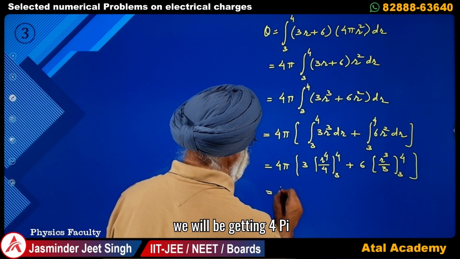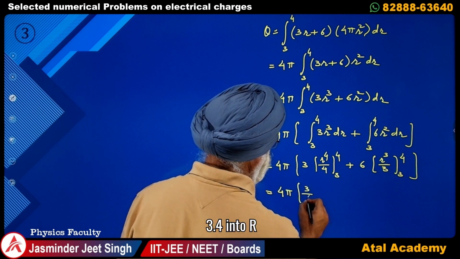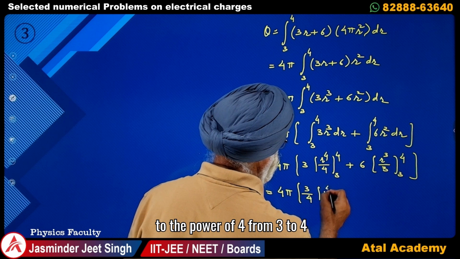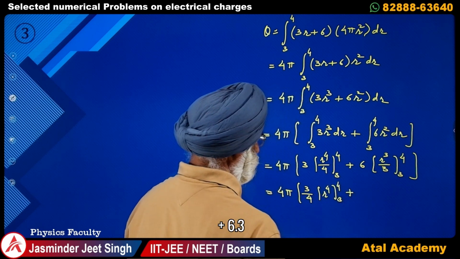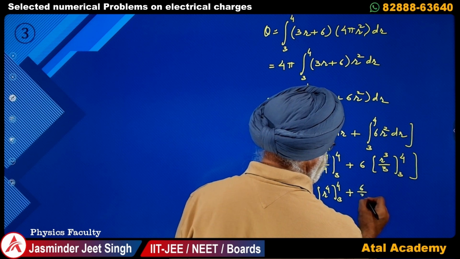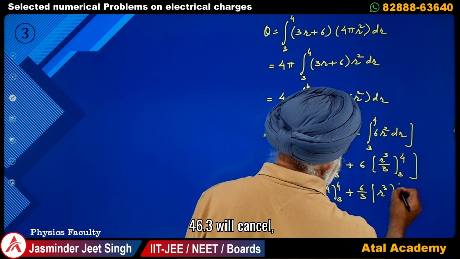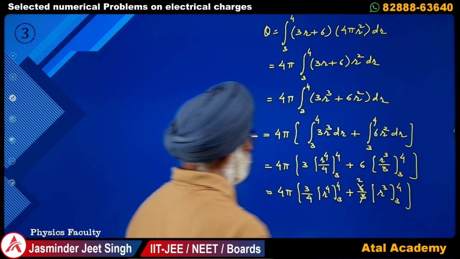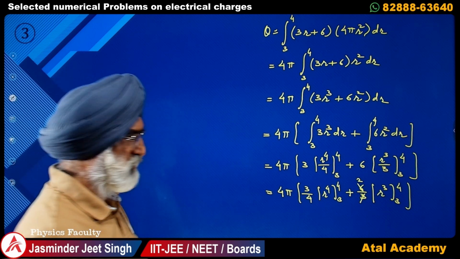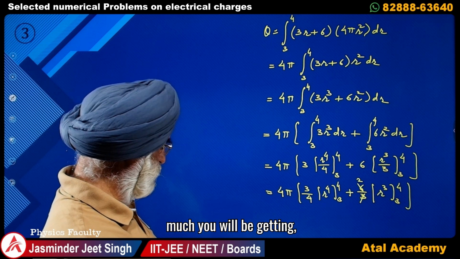We get 4 pi, 3 upon 4 into r to the power of 4 from 3 to 4 plus 6 upon 3 r cube from 3 to 4. 6 upon 3 will cancel, it will be 2. Now if you substitute the values, how much will you get?